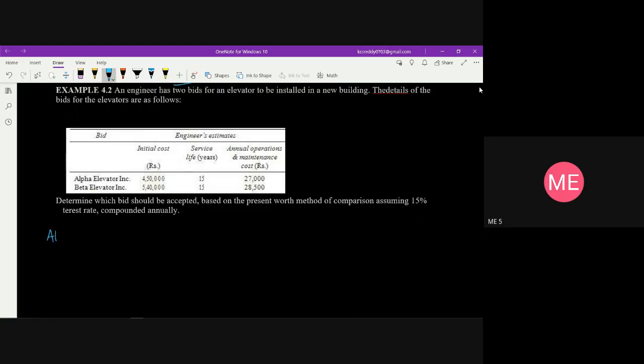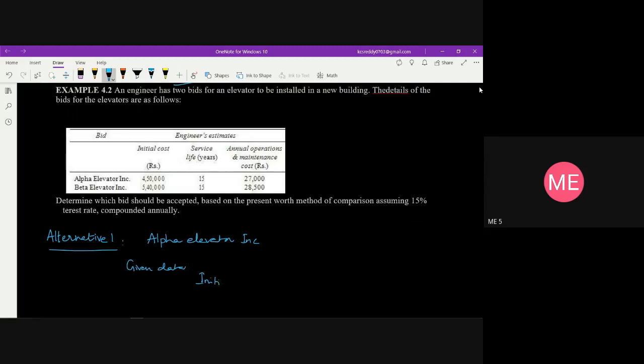So he's asking to find out which is going to be the best, or which one is going to be accepted. So alternative one I am taking as the Alpha Elevator Incorporation. For this, you can write the given data. Given data is the initial cost.